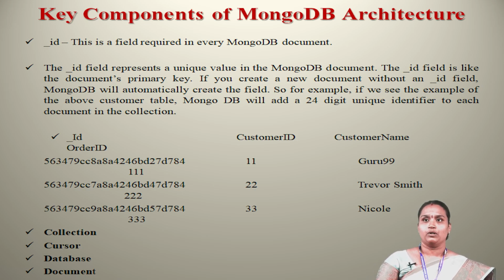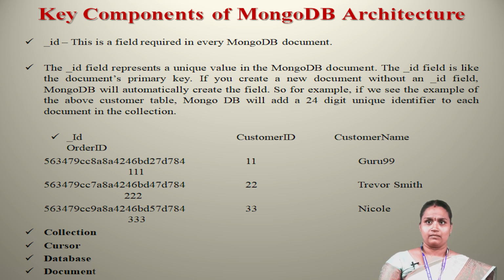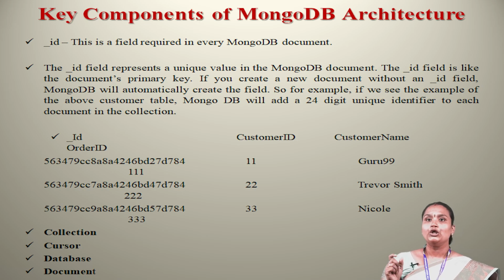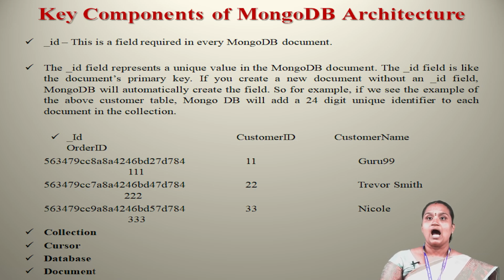So for example, if we see the example above, the customer table, MongoDB will add a 24-digit unique identifier to each document in the collection. _id, customer name, customer order ID. This is for example.